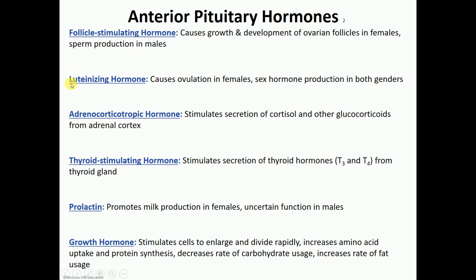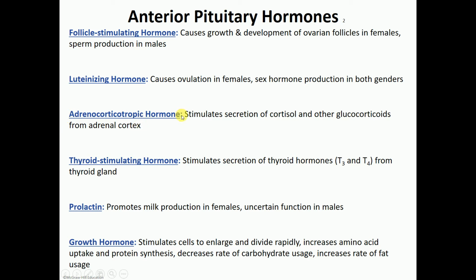Now, luteinizing hormone, or LH, is going to lead to ovulation in females, and also the release of progesterone from the ovaries, while in males it will stimulate the testes to release androgens. So you see here that it produces sex hormones in both genders.